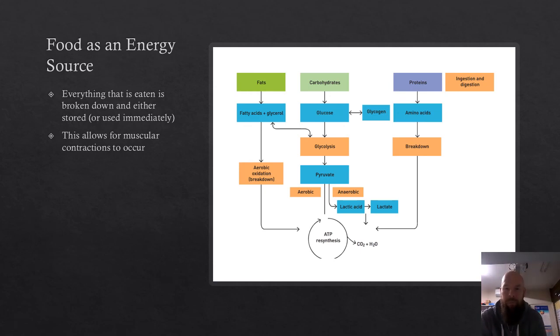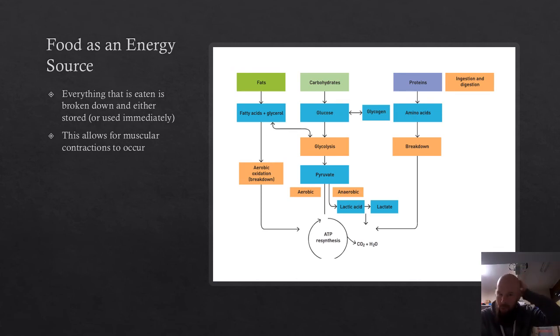But there are different pathways that the energy systems take, or different ways that the energy systems work in order to break down those fuels to provide ATP for muscular contraction. There are different waste products and all sorts of things.